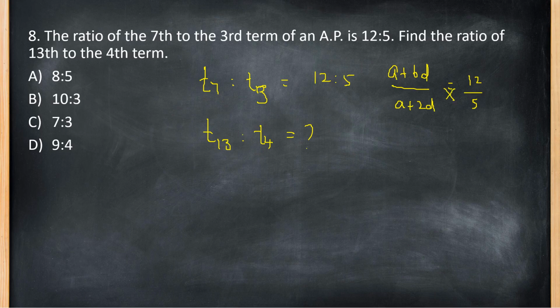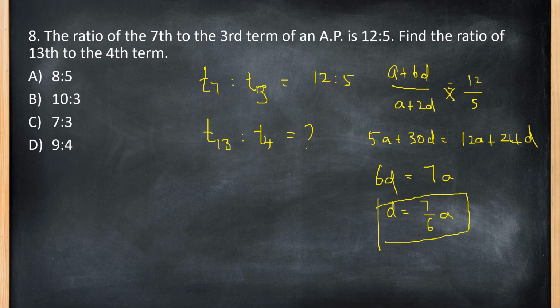Now cross multiply, 5a plus 30d will be equal to 12a plus 24d. Okay, so you can bring all the a's together. So 12 minus 5 gives you 7a and 30 minus 24 is 6d. So d will be equal to 7 by 6 a. Okay, so this is the relation between d and a.